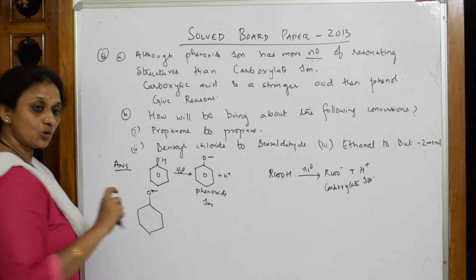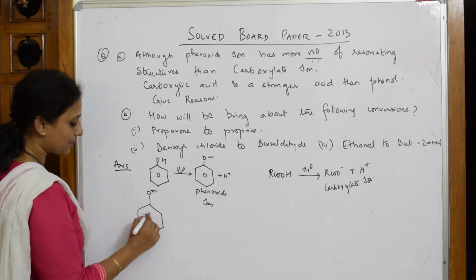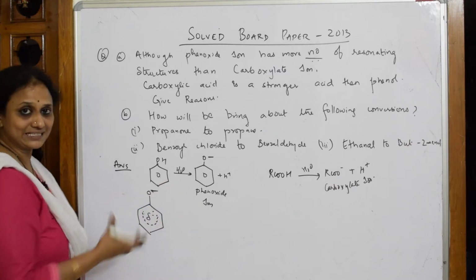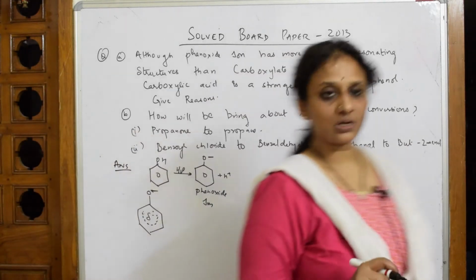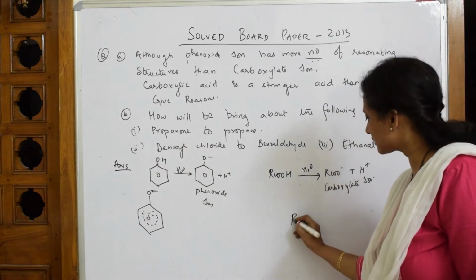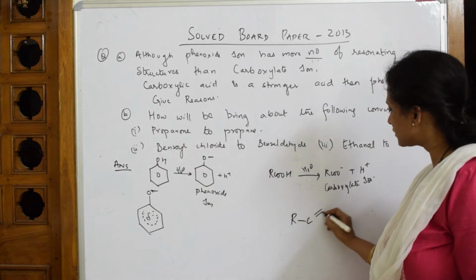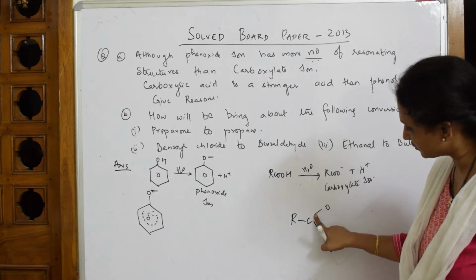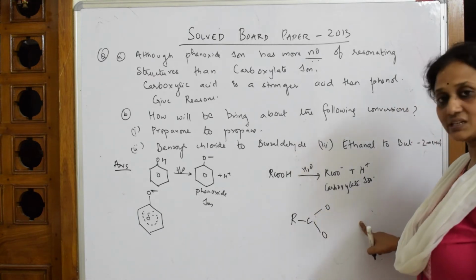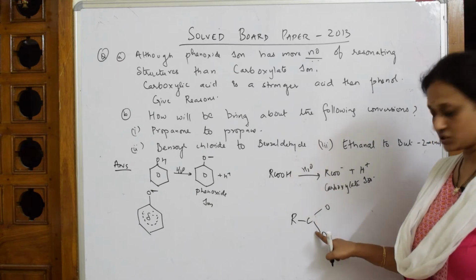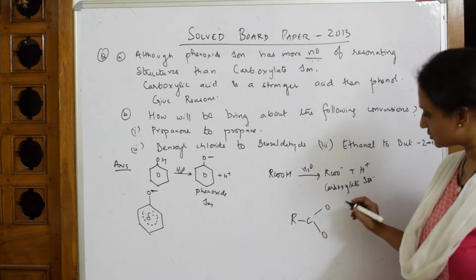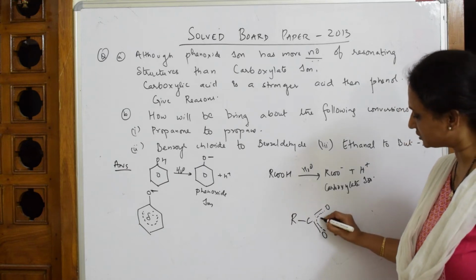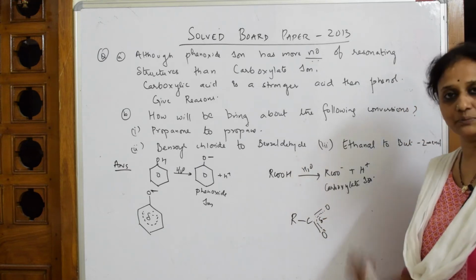So the whole of the negative charge is delocalized inside this benzene ring. Here, when I write the structure of carboxylate, your negative charge is delocalized between two oxygen atoms. We very well know this shows resonating structures. The double bond shifts here and this becomes a single bond. So the negative charge is delocalized between two oxygen atoms.